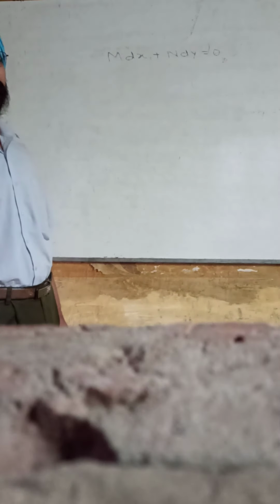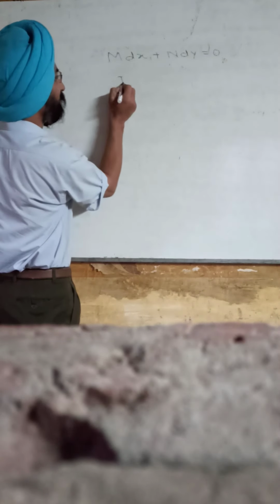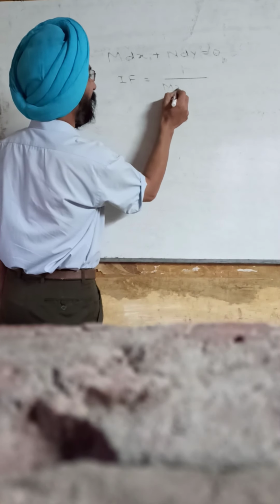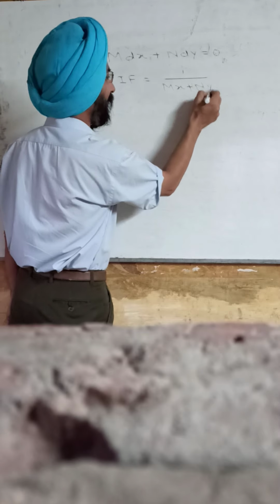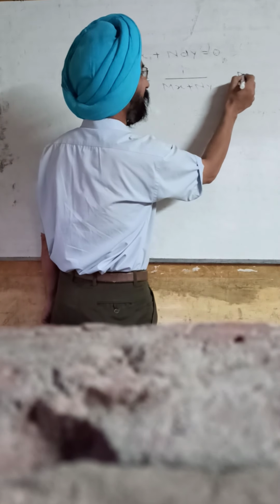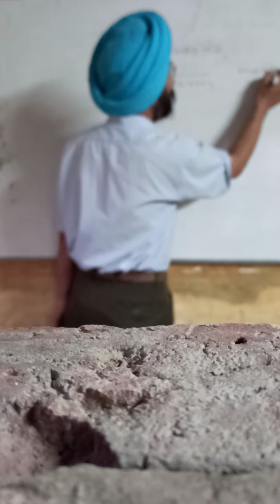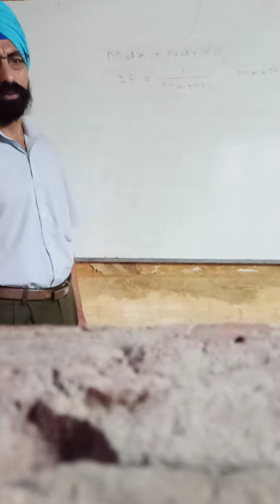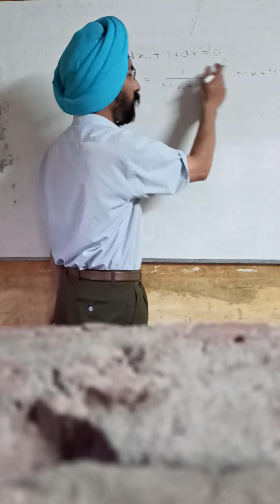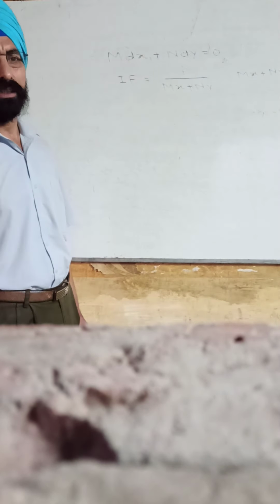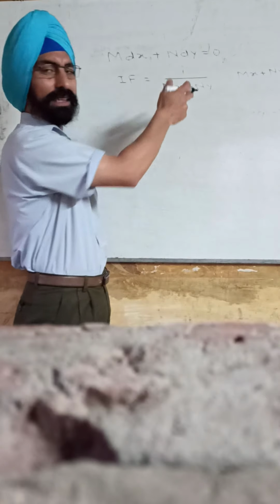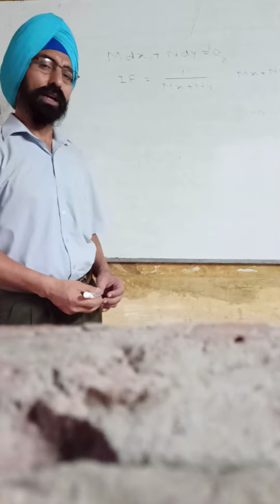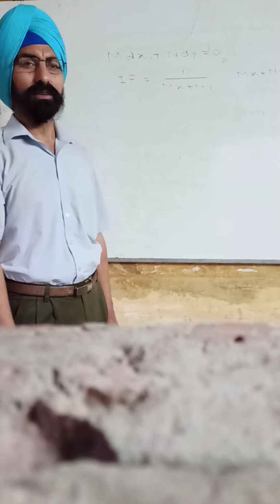In such a situation, the integrating factor will be 1 upon Mx plus Ny, providing Mx plus Ny is not equal to 0, because if it is 0, then 1 upon 0 is undefined. We cannot have anything from this then. As I told you earlier, for every method we will have one example.